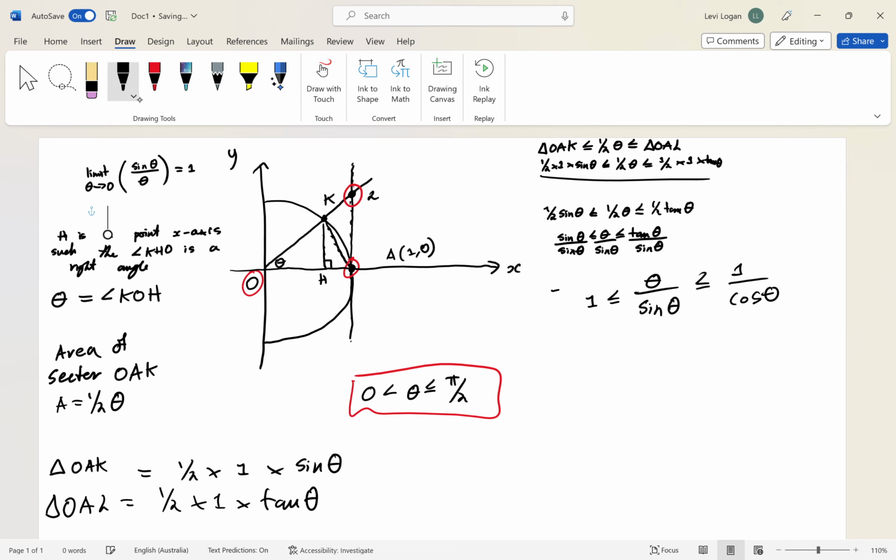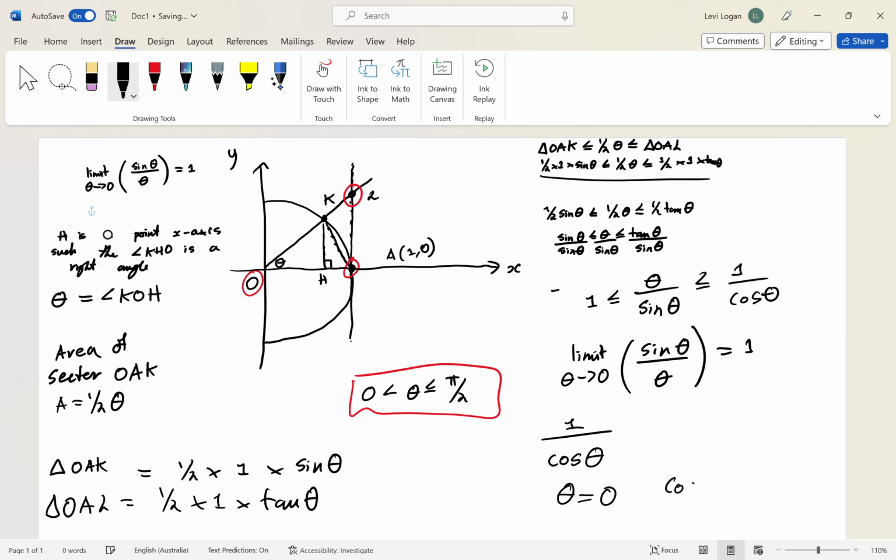Now we wanted to prove that the limit of theta going to 0 of sine of theta over theta is equal to 1. Well, let's see what happens if we have 1 over cos theta. If we have 1 over cos theta, and let's say theta was equal to 0, cos of 0 is 1.